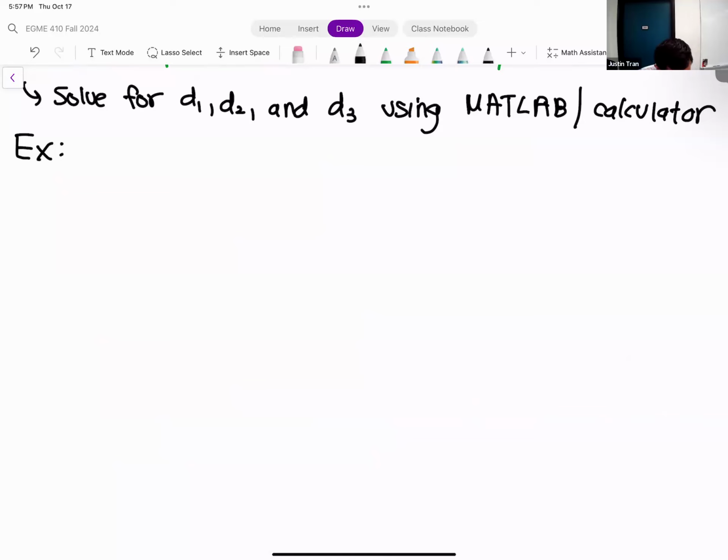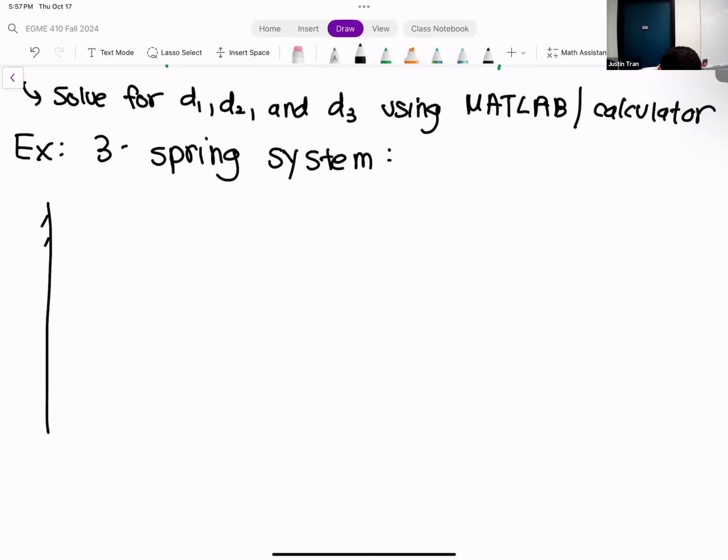Let's consider we have a 3-spring system. We're going to have a fixed wall on the left-hand side. We have one spring that's attached to the wall just like that.